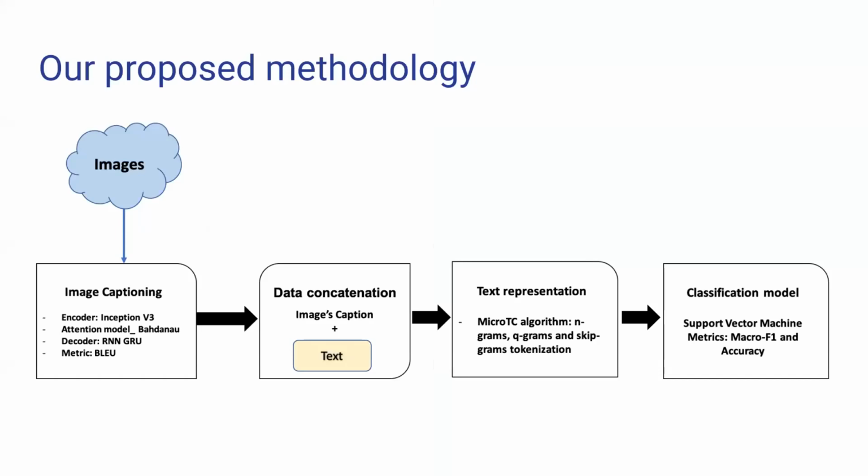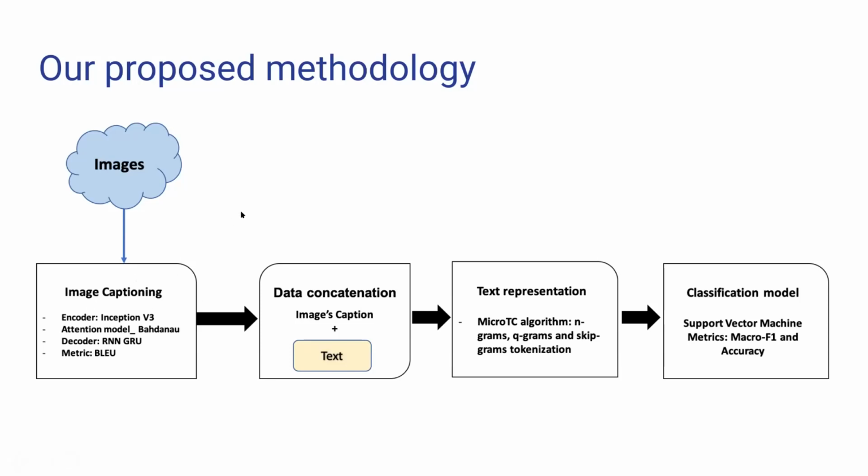Maybe the first important thing of the model that we proposed was that we tried to model all of the data in a text form, which means that all the images were translated to text by using an image captioning method. So here, well, I will explain this model in detail.